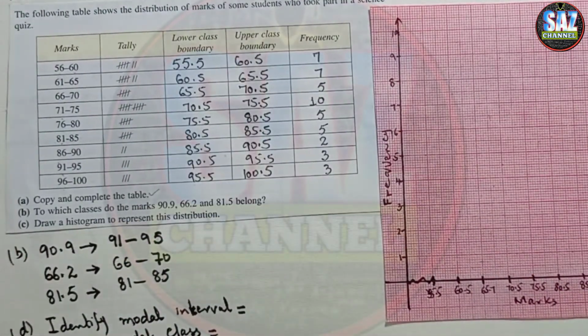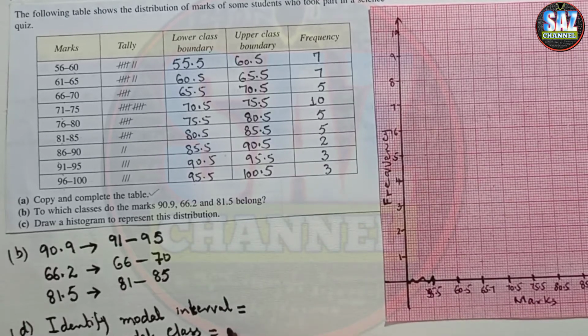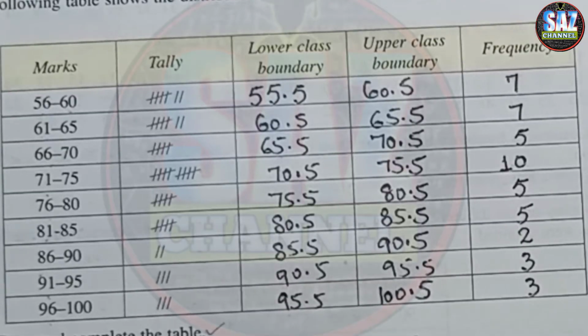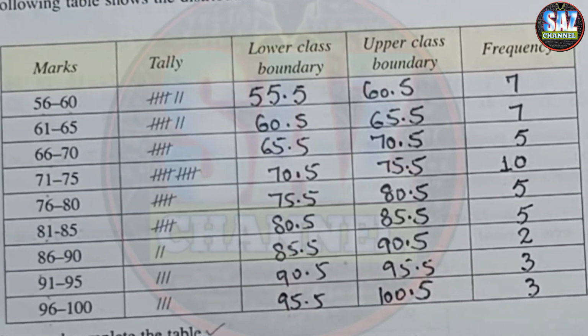So the modal class or modal interval is 71 to 75. I hope you are clear about this part. Although this was not included in the question, in the exam you will often get this type of question. So I thought to discuss this part with my students before their O-level examination.